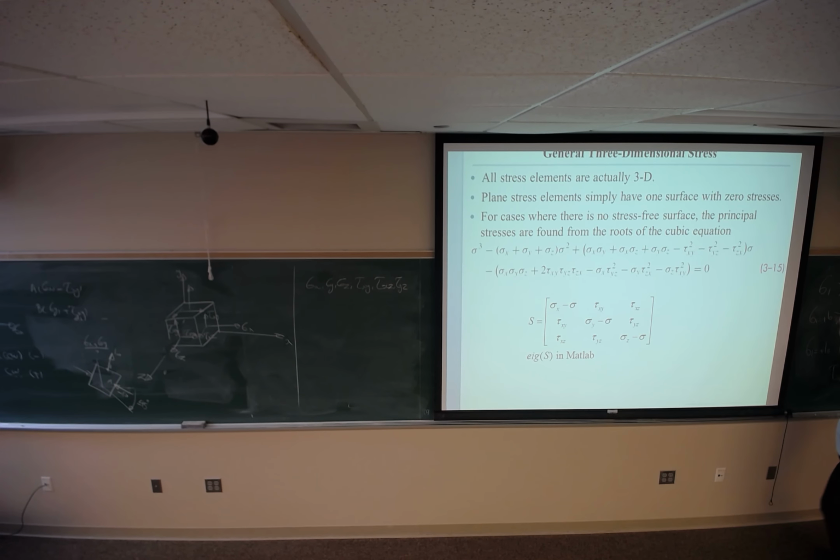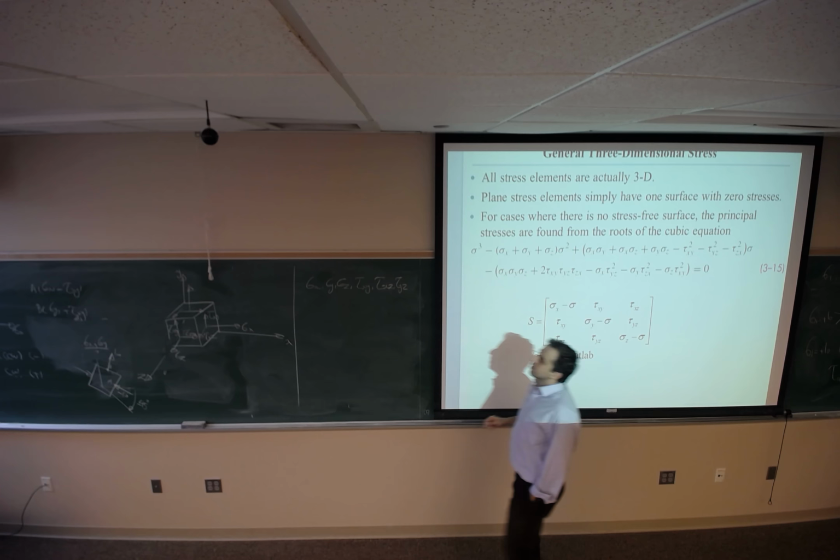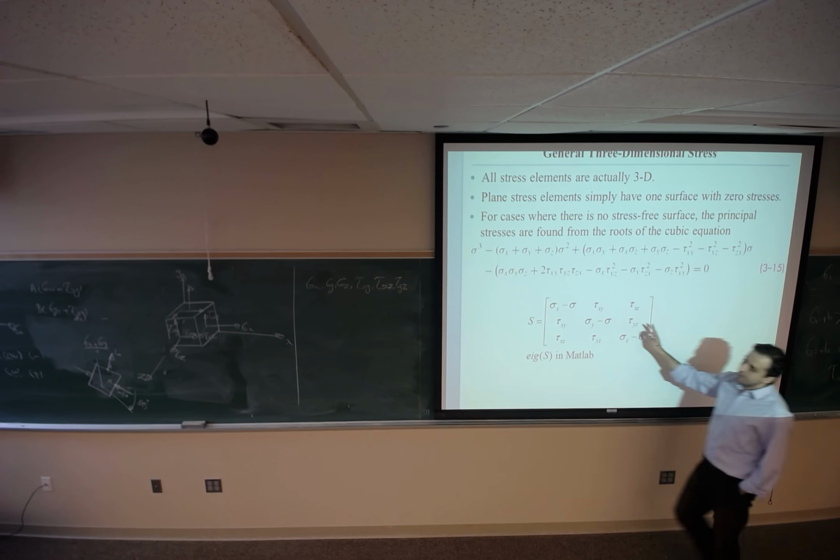You may get 3 roots for that: sigma 1, sigma 2, and sigma 3. These 3 roots are going to be the principal normal stresses for this state of stress element. So this is one way that you can do it. The other way is finding the eigenvalues of this matrix.